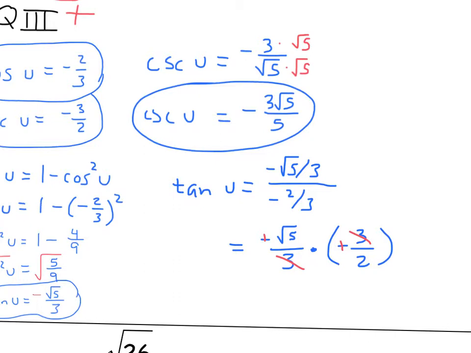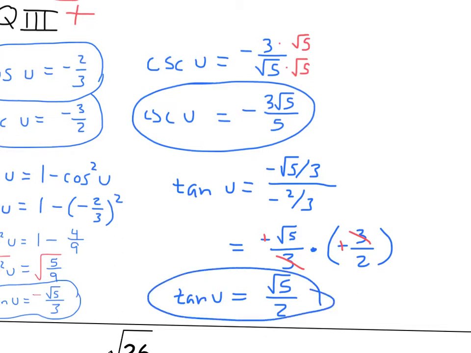And now my result is radical 5/2. And remember that tangent is positive, and it turns out, because of my sine cancellation, it is positive. So what's cotangent? 2 radical 5 over 5. Good, 2 radical 5/5, which would be the reciprocal, and then rationalize the denominator.